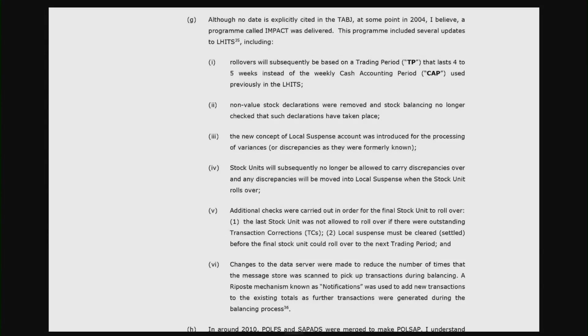A concept of a local suspense account was introduced for the processing of variances. Stock units were no longer allowed to carry discrepancies over cash accounting trading periods, and any discrepancies that arose out of the stock unit balancing were sent into a local suspense account when the stock unit rolled over.